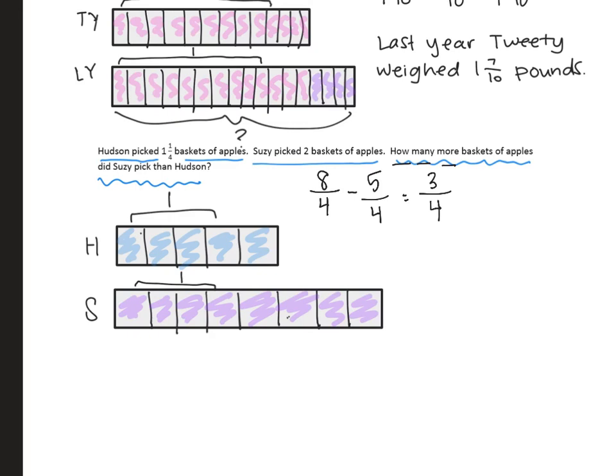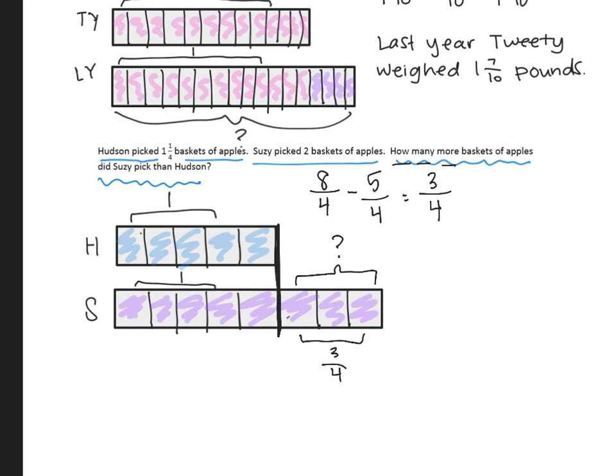Okay? So you could also say you were comparing to find how many more baskets of apples Susie picked than Hudson. I can see that the lines right here connected, and that was the equal amount that they picked. And then right here, I could see that we have 1, 2, 3 fourths more in Susie's basket.